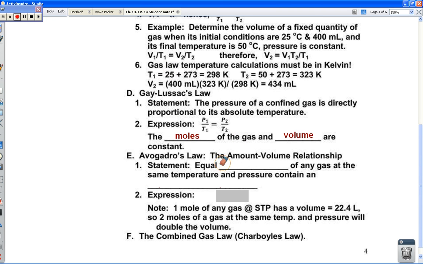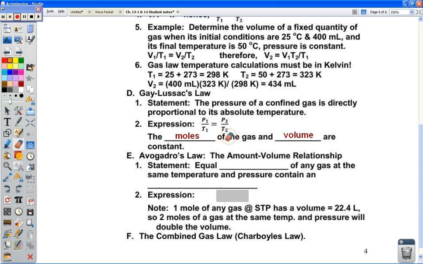Then there's Avogadro's law. Yes, the same Avogadro that discovered the number of particles in a mole. This is how he did it. It was the study of gases. He says that equal volumes of any gas at the same temperature contain an equal number of particles.